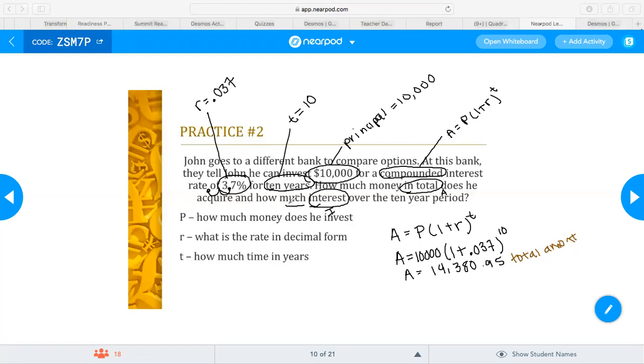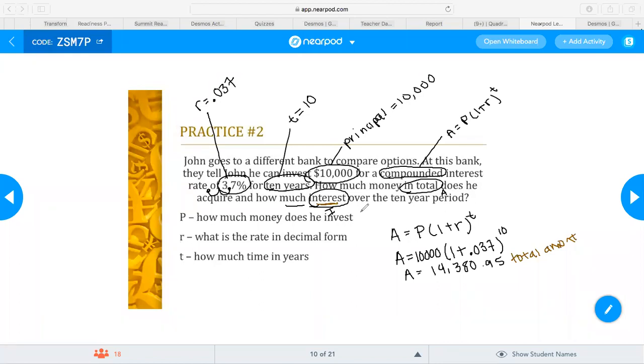Well, the second question says, how much interest was that? Okay, please listen to my thought process here. If I originally invested $10,000 and after 10 years, there's now $14,380 in my account, how would I figure out how much interest that was?